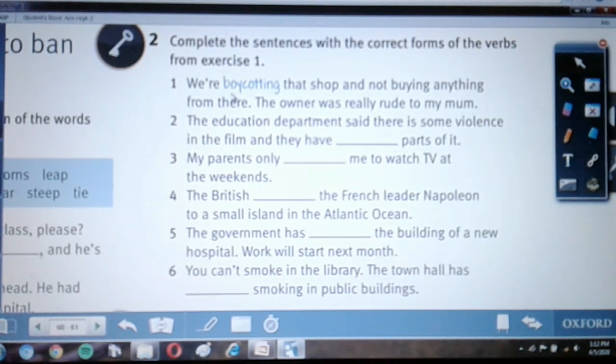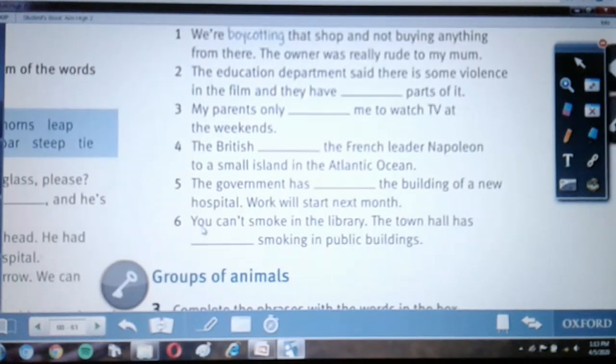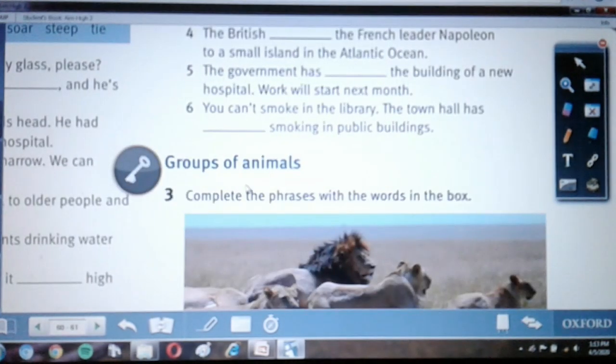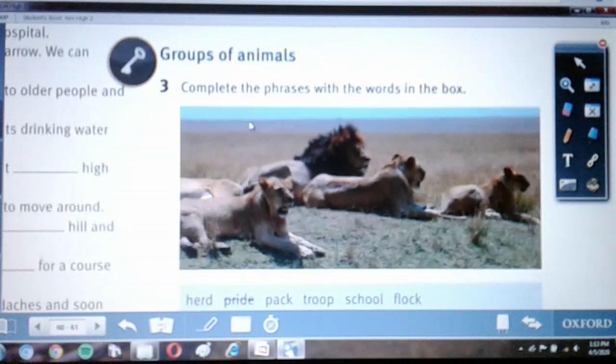So, instead of using boycott, which is verb 1, we use verb ing of boycott because there is to be R here. Now it's your turn to answer number 2, 3, 4, 5, and 6. After that, move on to the third part.